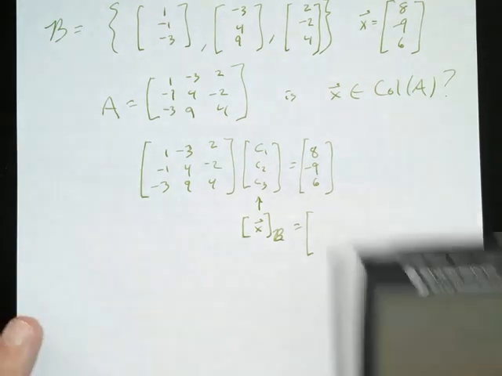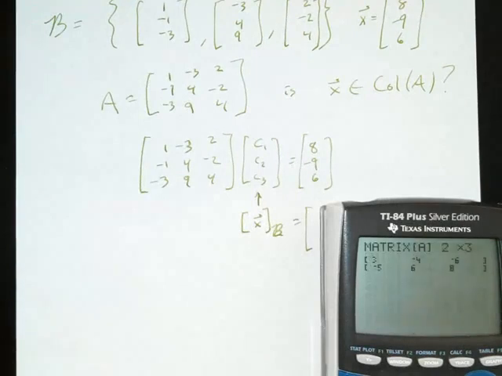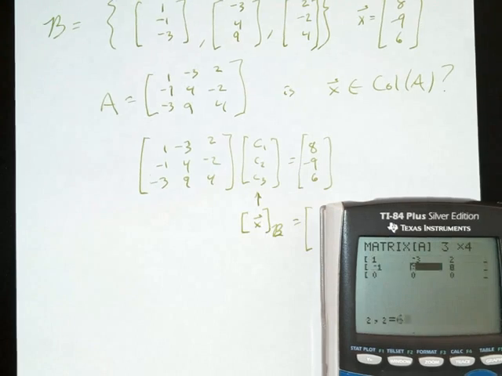I didn't. Uh-oh. Three rows, four columns: 1, minus 3, 2, 8, negative 1, 4, negative 2, negative 9, negative 3, 9, 4, 6.